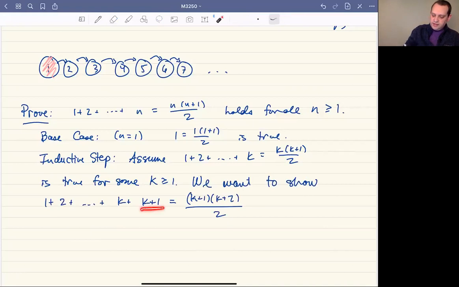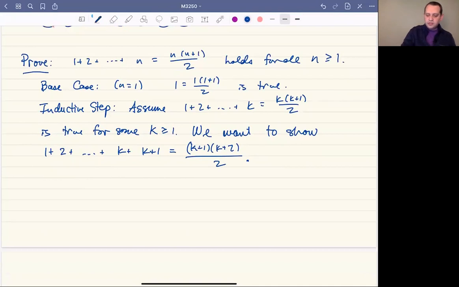So this is our last value, and then n times n plus 1 over 2, where n is k plus 1. So that's the formula. That's what we're after. And we're assuming that this statement is true for some k greater than or equal to 1.